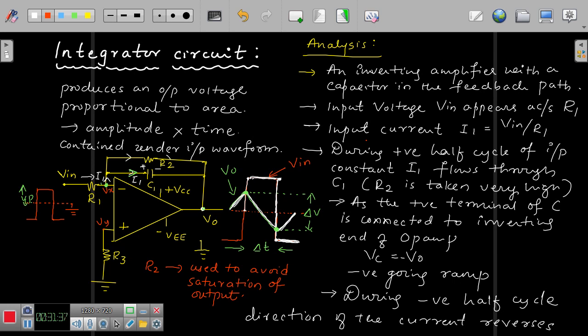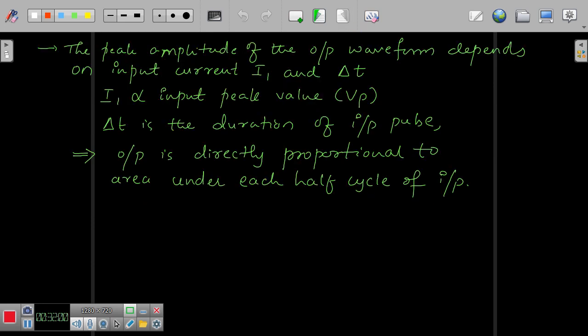When we discuss the switching circuits, I will throw more light on what exactly we mean by saturation. But please note that here your R2 is not meant for the purpose of integration, but to avoid the output going into the saturation region. Even in our design we will take some points related to this. That time we will probably get more information.